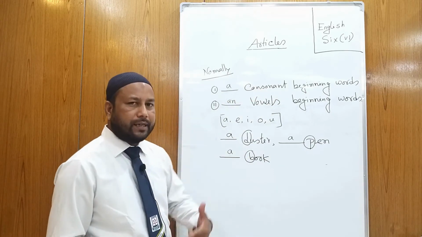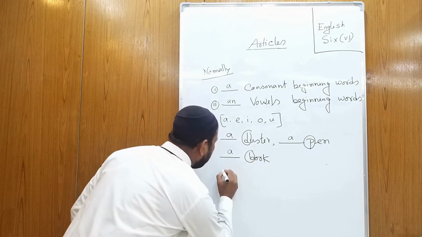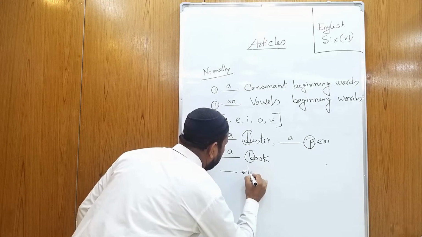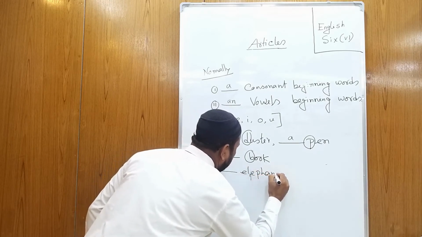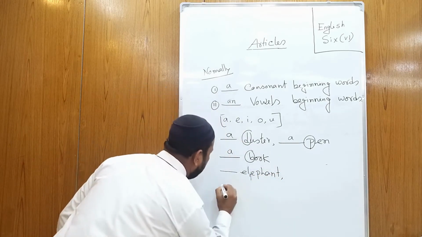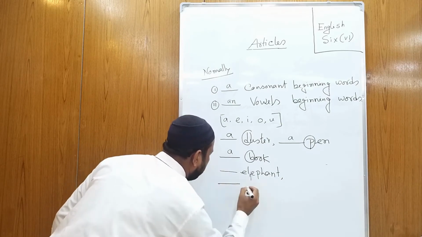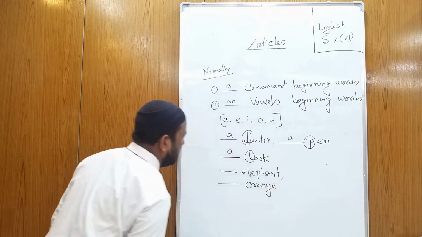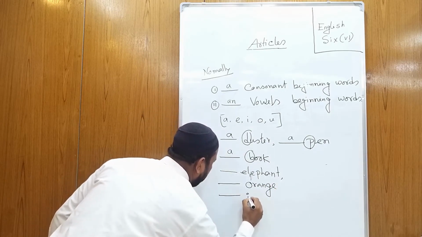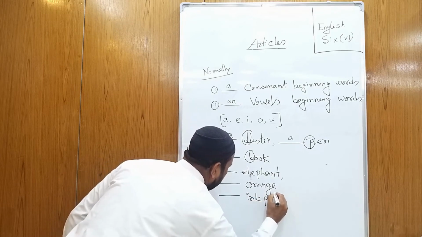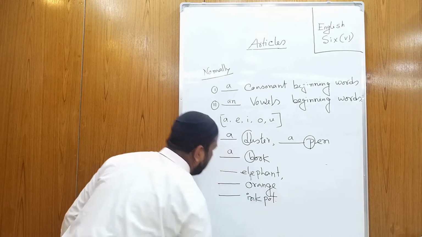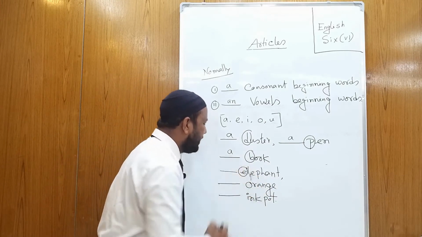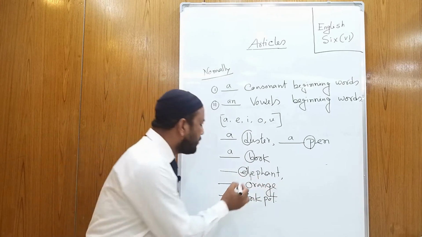Now let's move to the second example. An elephant, an orange, an ink pot. In this example, you can see the first letter of elephant is a vowel.